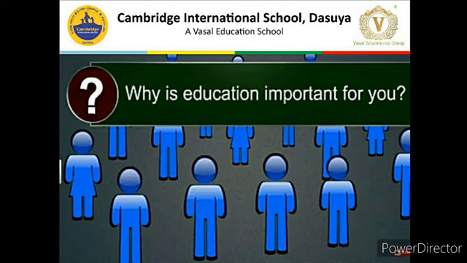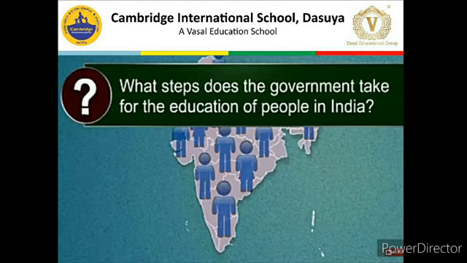After that, we discussed what steps the government takes for the education of people in India. Under this, we studied that there is a provision for providing universal access, retention and quality in elementary education with a special emphasis on girls.